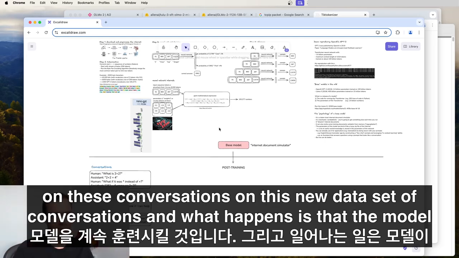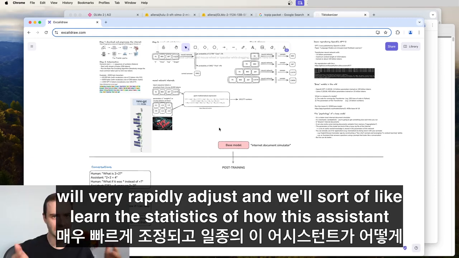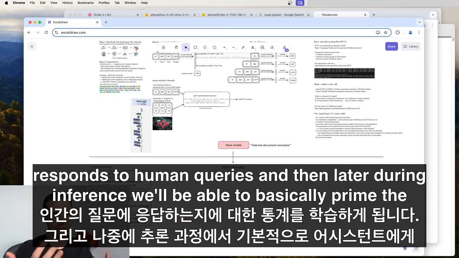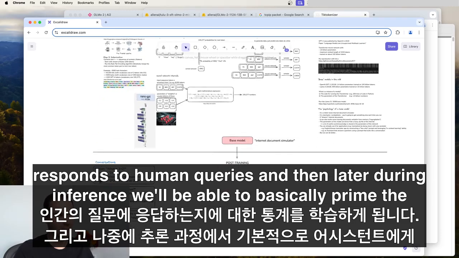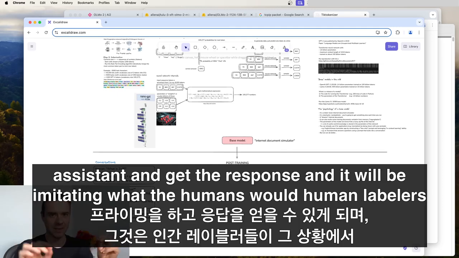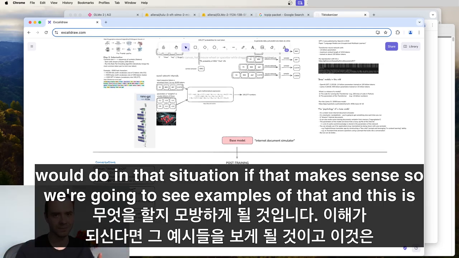The model will very rapidly adjust and learn the statistics of how this assistant responds to human queries. Then later during inference, we'll be able to prime the assistant and get the response, and it will be imitating what the human labelers would do in that situation, if that makes sense. We're going to see examples of that, and this will become a bit more concrete.